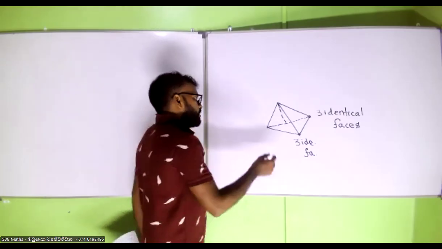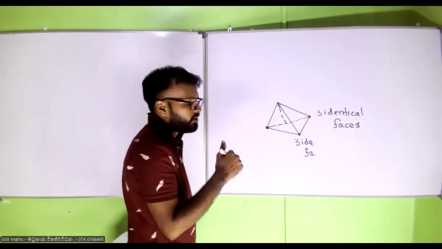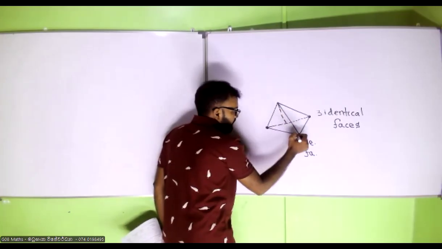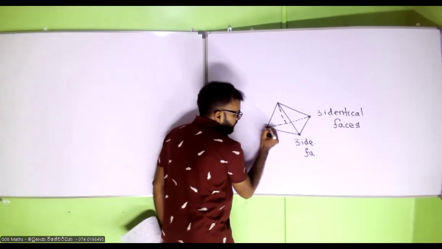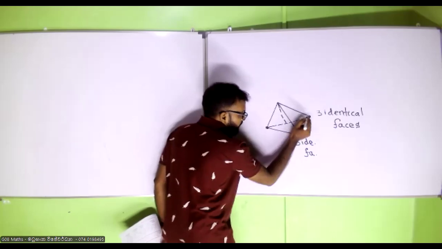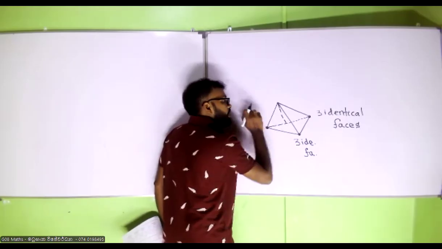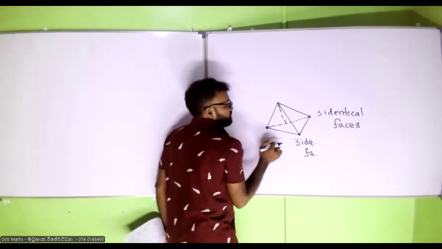So let's count the number of faces for this vertex. Now look at the board, now I am explaining. This is the first face. And here we have the other face, the below one. And around this, here we have the other one.